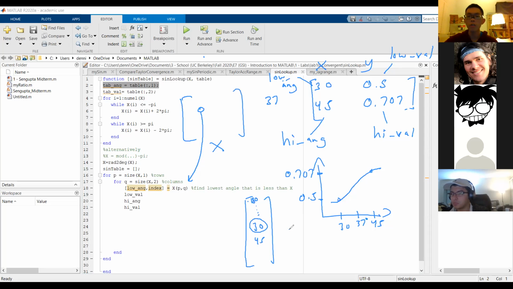How do we say, okay, here's 37 degrees? Here's our x. Here's our tab ang. How do we find the lowest of these that's less than our x? Like the greatest value that's less than x. That's what I'm going to ask.